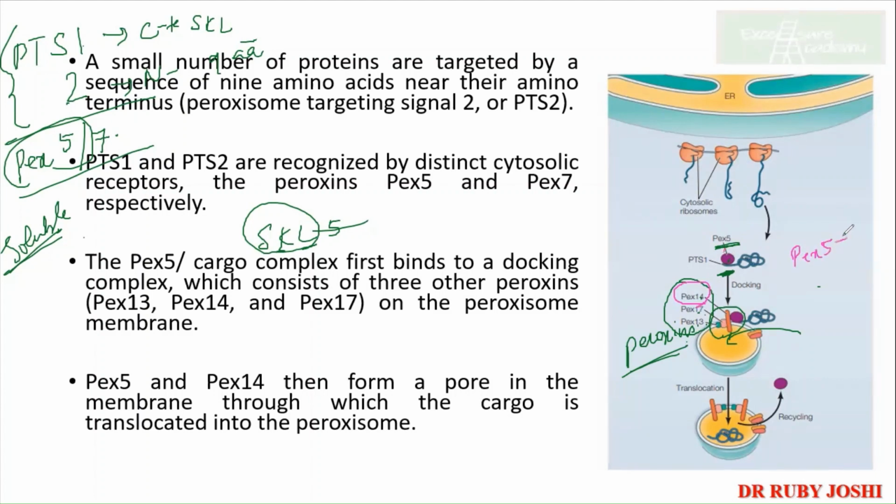PEX5 plus cargo, यहाँ पे आपका प्रोटीन, plus PEX14, ये इंटरेक्शन करेगा, because of which these peroxins will make a pore, यानी कि होल सा बनाएंगे, by which they can enter. So the protein will enter inside. You can see that the protein has now entered and the PEX5, which is supposed to remain in the cytoplasm, is recycled back.